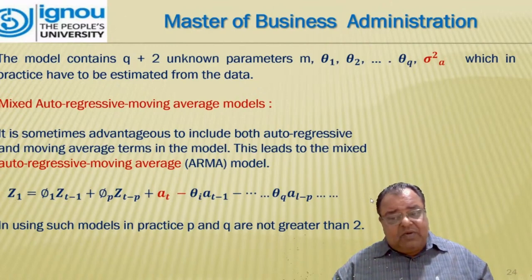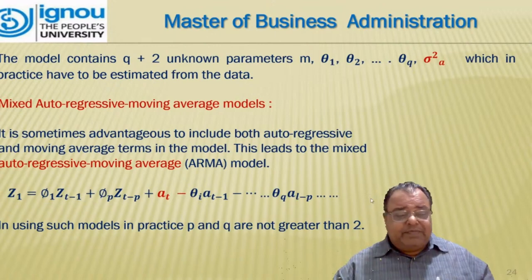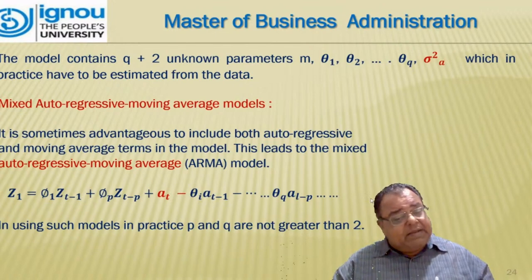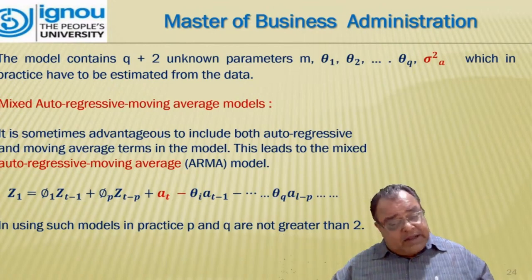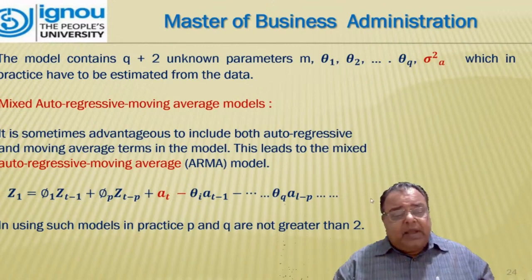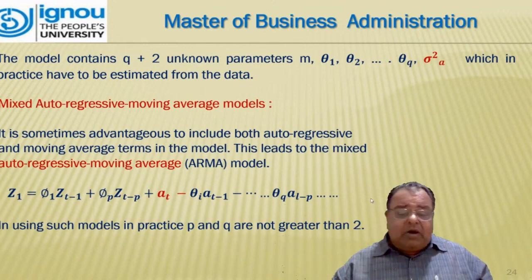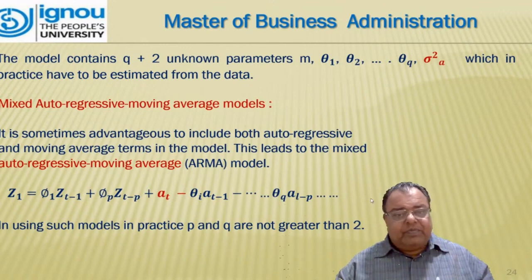This leads to a mixed autoregressive moving average, that is ARMA, model, which is zt equal to phi 1 zt minus 1 plus up to phi p zt minus p plus at minus theta 1 at minus 1 minus up to theta q at minus q. In using such models, in practice, p and q are not greater than 2.